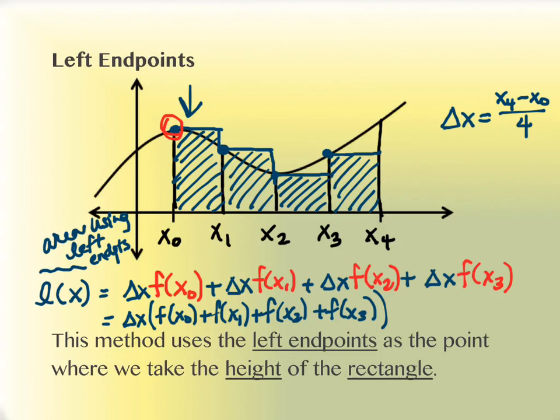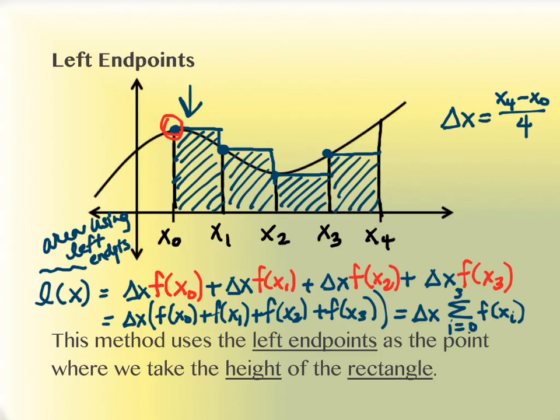In terms of writing out the expression, if I had, say, 16 rectangles or whatever, I don't really want to do that. There is a condensed way to write this that you're going to see as being somewhat familiar. So this is delta x times the summation from i equals 0 to 3 of f of x sub i. That's the condensed notation for what we're doing.